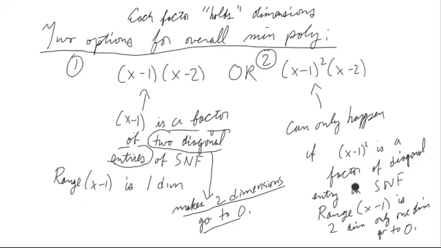And in particular, the range of x minus 1, if you just multiply it by it once, it would only maybe cause one dimension to go to 0. Namely, it's actually the range of x minus 1, x minus 2, right? So that one is not 0, so it has to have some kind of dimension, and x minus 1 multiplied to it would cause it to go to 0 minimally in that case.